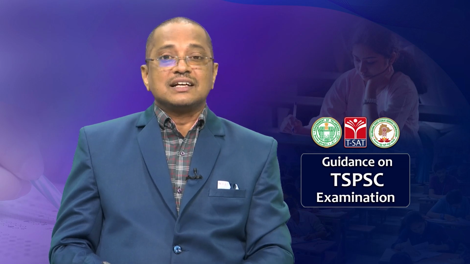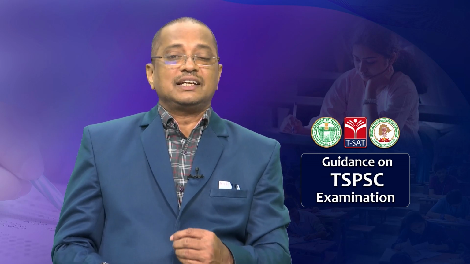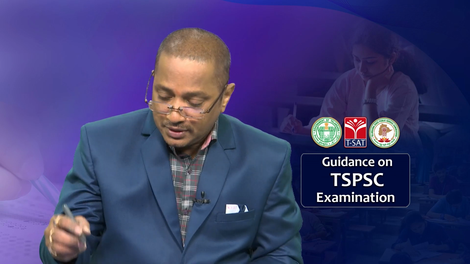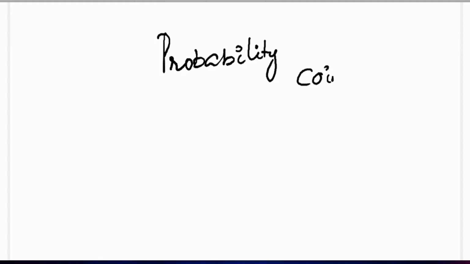This we call a random experiment, and we are going to consider favorable outcomes and total outcomes. These two words are very, very important. For example, when the coin is tossed, we have the outcomes, that is head and another one is tail.